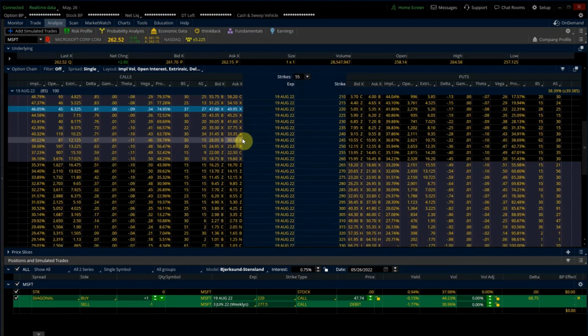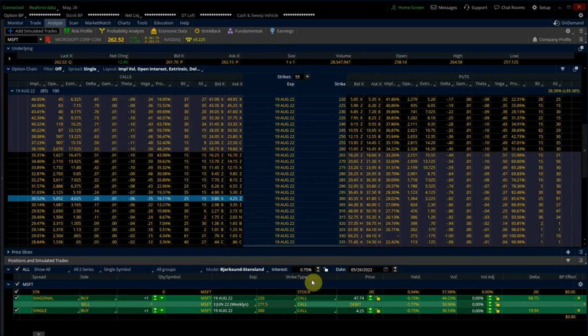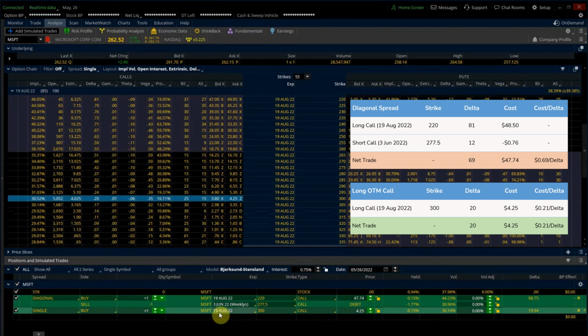In this case, if I select a deep out of the money, just for illustration purposes, I'm going to select the delta 20 over here. Okay, I'm going to click on this. Okay, delta 20. So you can see here that for the single leg option, I'm buying a deep out of the money call option that is also expiring on the 19th of August, but with a strike price of 300 and a delta of 20.